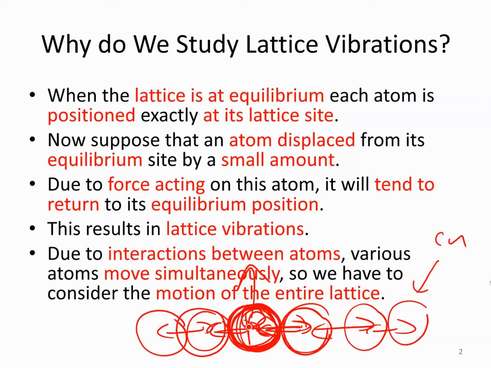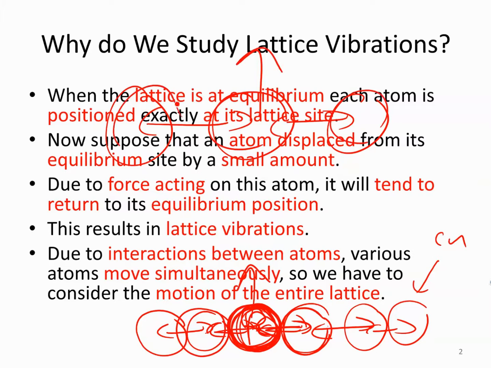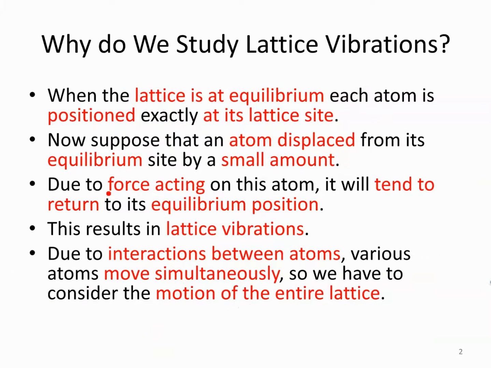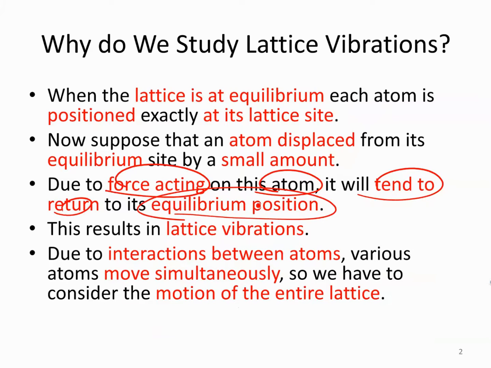You can just imagine it like a spring. So when we have 3 balls connected by springs, if this ball moves up, then these 2 balls will try to pull it back to the original or equilibrium position. This is what it means by due to the force acting on this atom, it will tend to return to the equilibrium position. And this force is actually created by the chemical bonding.